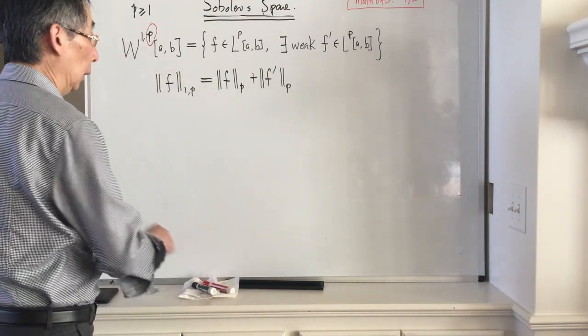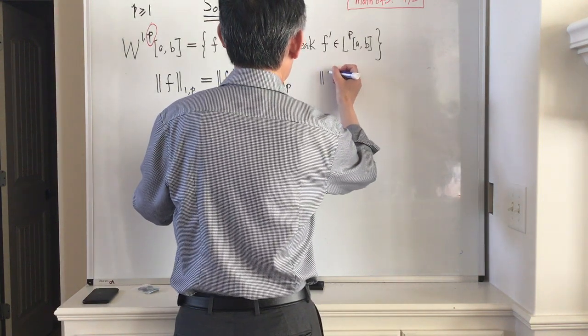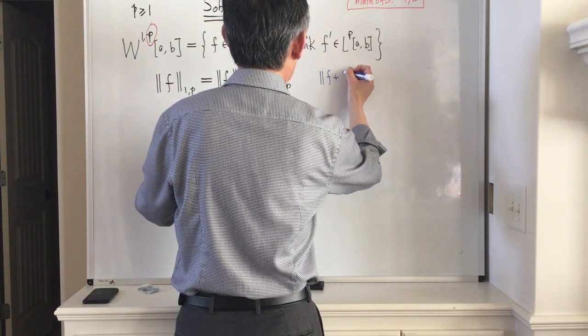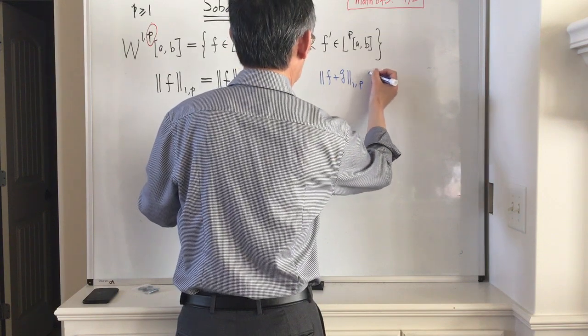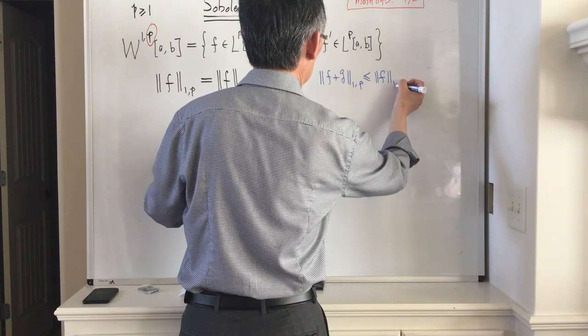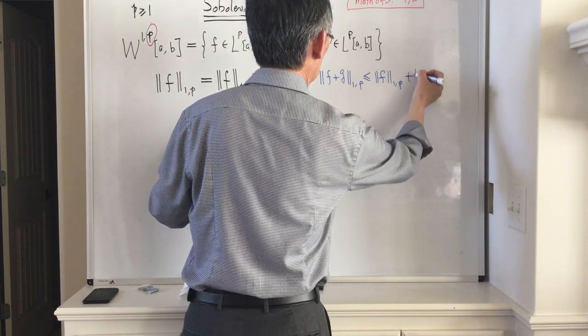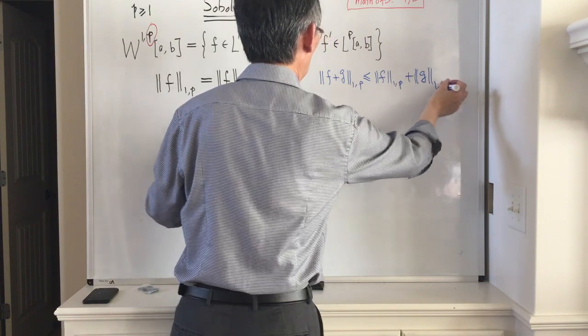Why? Because in this case, we can actually prove the Minkowski inequality: the norm of f plus g is less than or equal to the norm of f plus the norm of g, or you can call it the triangle inequality.